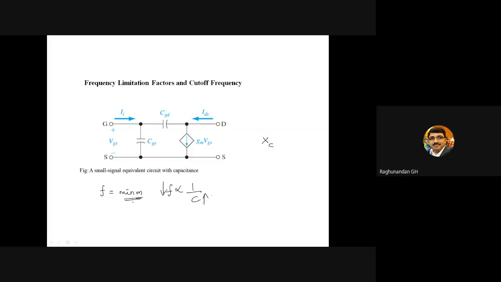Have you heard about XC? Capacitive reactance. What is the formula for capacitive reactance? 1 by 2 pi f C, that means 1 by omega C, where omega is 2 pi f.